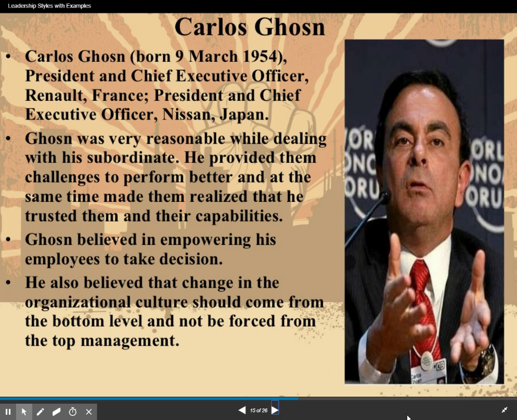So this gives some examples of different CEOs and how they decided to empower their employees more, on how organizational structure happened, and how people in entry level positions could impact the leaders at the top.